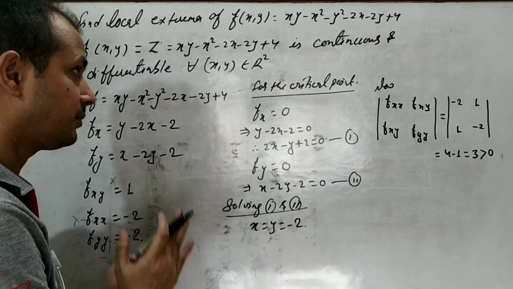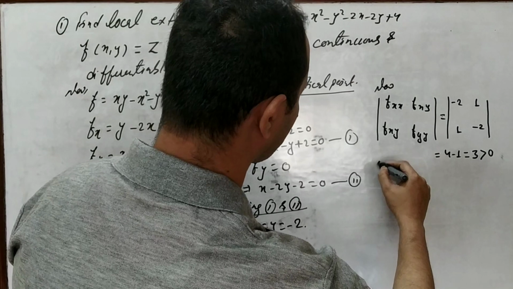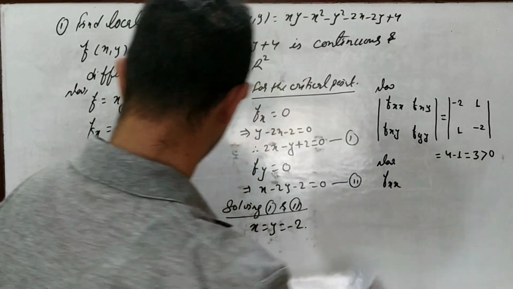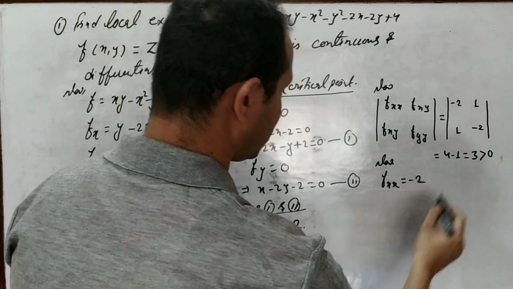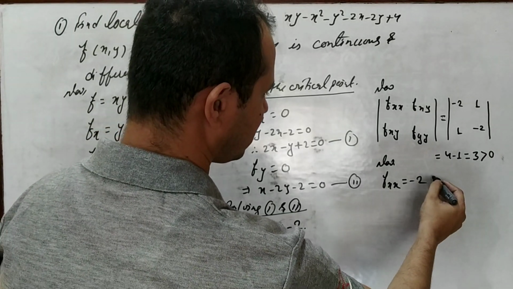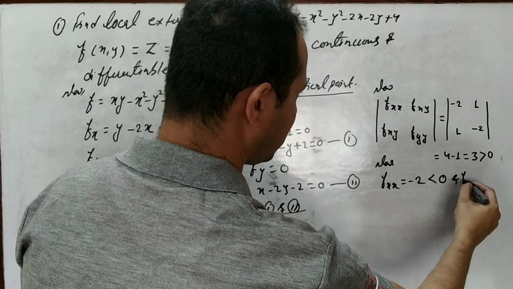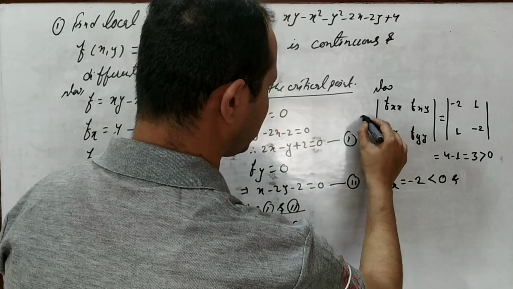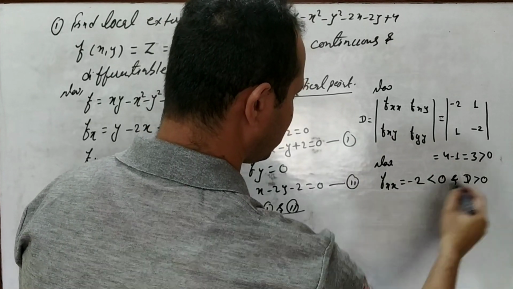It means the given function has local extrema. Now fxx is minus 2. What does it mean? It means this is less than 0, and the discriminant, let us suppose this as D, and D is more than 0.